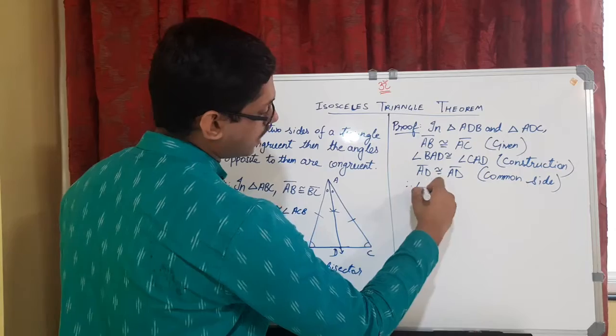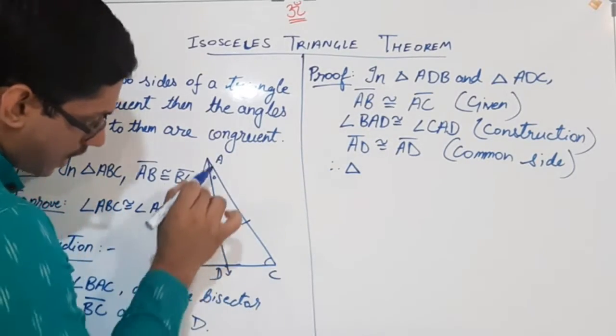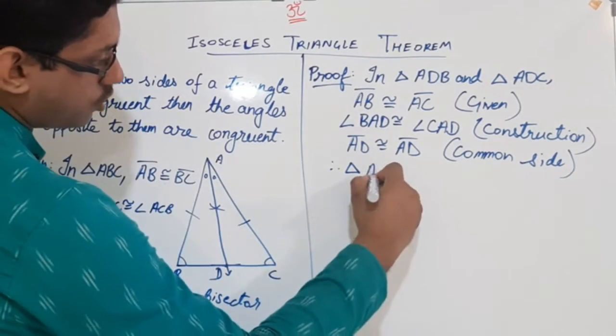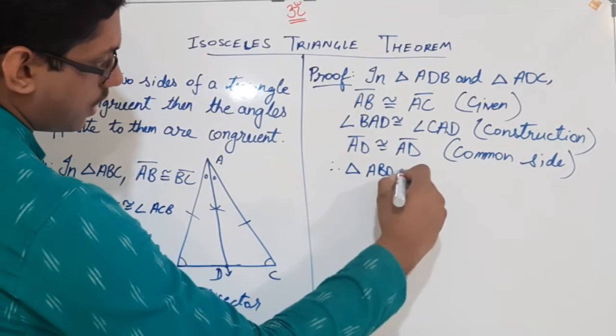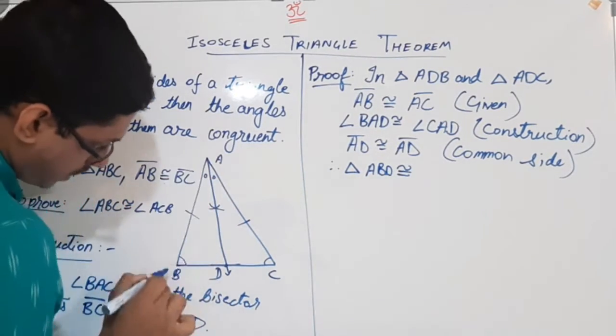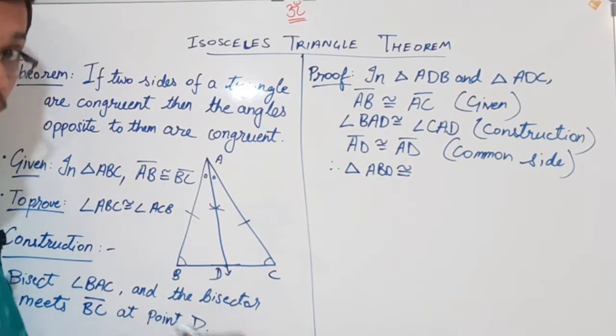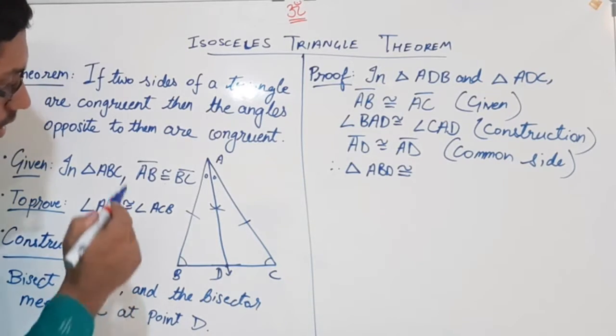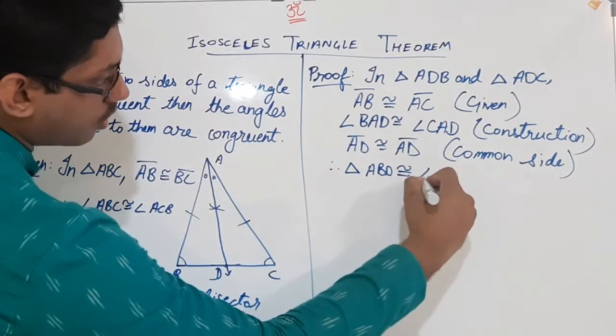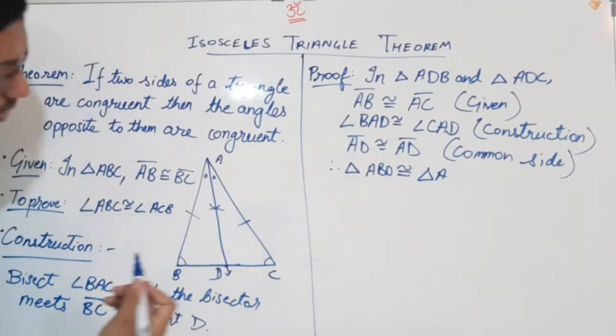Therefore triangle ABD, suppose we started from here, ABD, then what are the corresponding sides? Means what are the similar points in congruency? A is congruent to A, which is same.